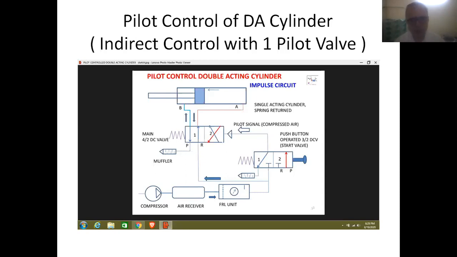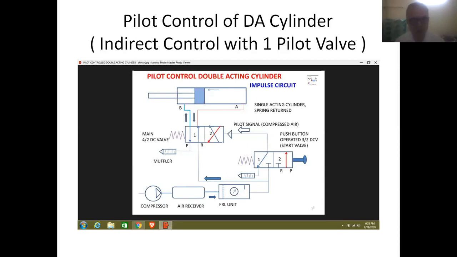So friends, in the case of pneumatic circuits, compressors are used for increasing the pressure energy of fluids. Similarly, in the case of hydraulic circuits, hydraulic pumps are used for increasing the pressure energy of fluids. This is the arrangement of a pneumatic circuit.